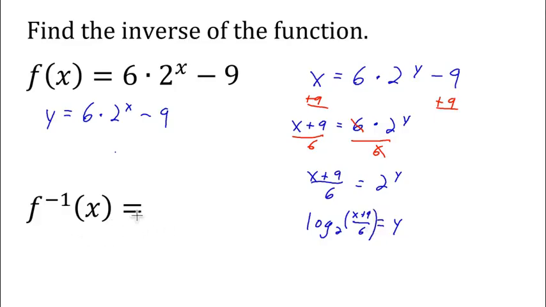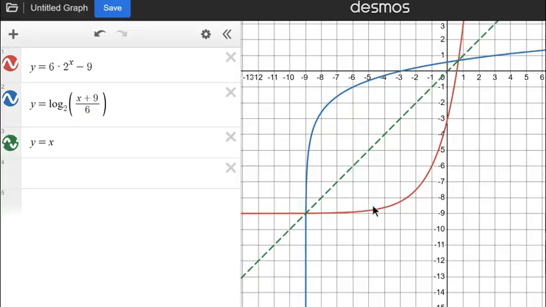So f inverse of x equals log base 2 of x plus 9 over 6. And here we have those two equations graphed, and we see they are reflections of each other across the line y equals x.